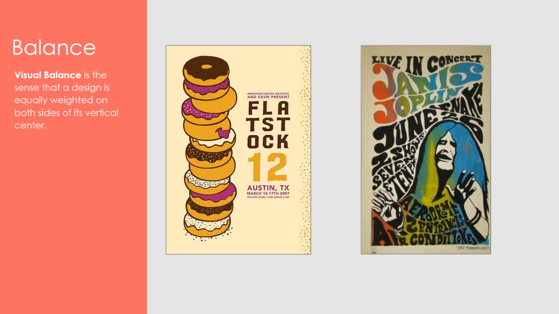So it feels more balanced. The poster on the right of Janis Joplin has visual information right to left, top to bottom. That is a very dense design and thus very balanced.